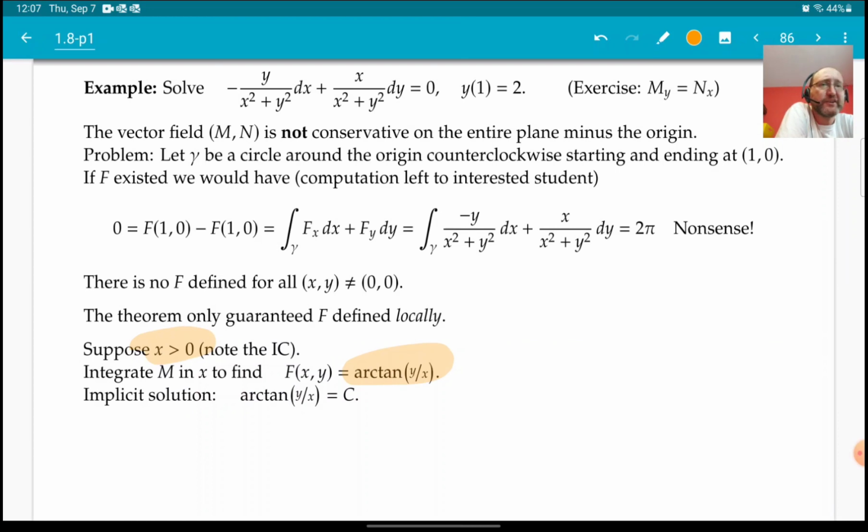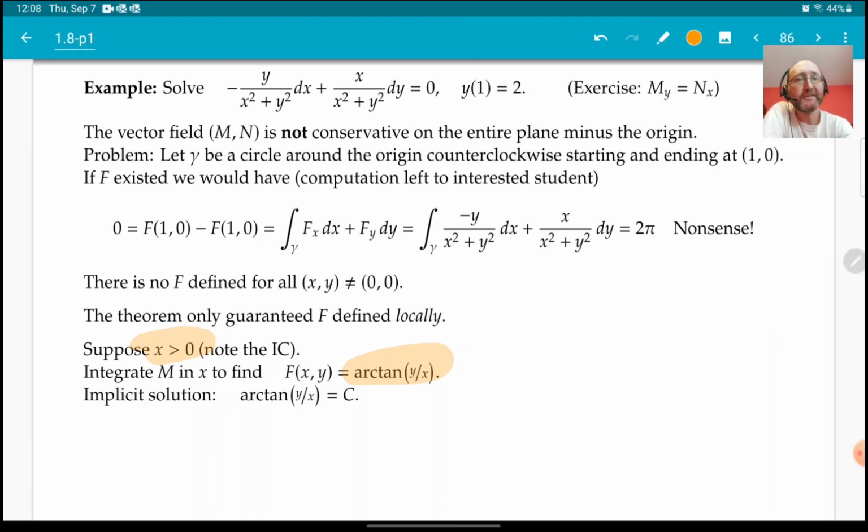I have y over x, so we're using x positive, so x is not 0, and arctan of y over x is not defined when x is 0, right? So we don't have a global f. We only have it locally, but actually on a fairly large set, for all positive x, but we definitely don't get it in the entire plane minus the origin.